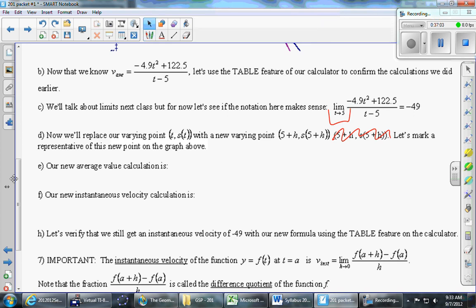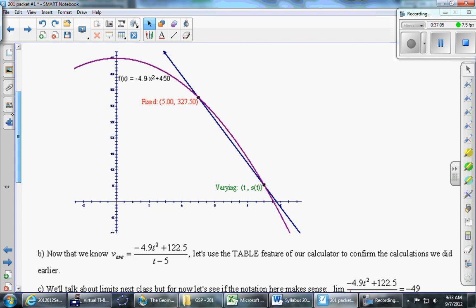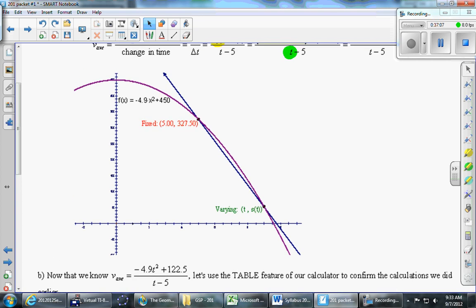All right, so what are we doing here? Well, we had our fixed point 5, and then we had this varying point t and s of t. It doesn't matter whether it's on the right or the left of the fixed point. But we're going to make a change.